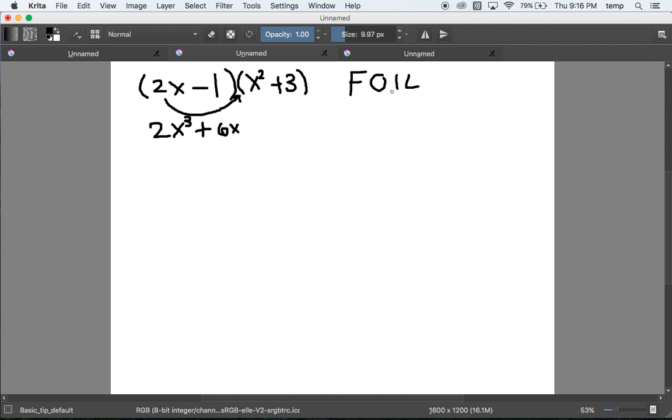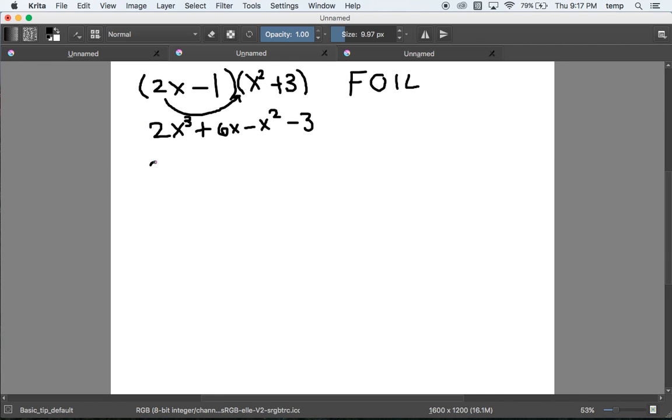Next step is we do the inside, and we have negative 1 times x squared. So that's just going to be a negative x squared. And our last step, we take negative 1 times 3. So that's going to be minus 3. For pretty much all these problems, you're going to want to rewrite this in order of descending power.